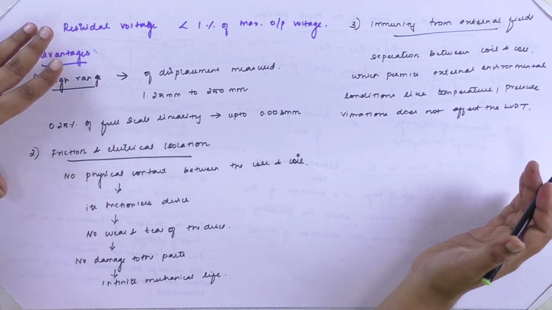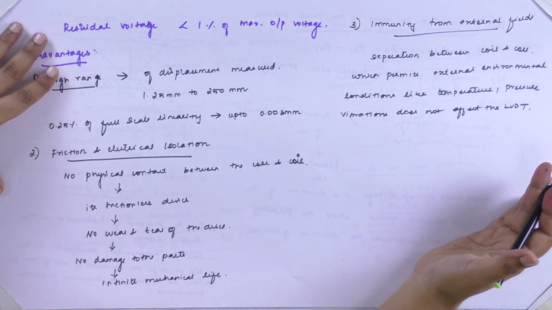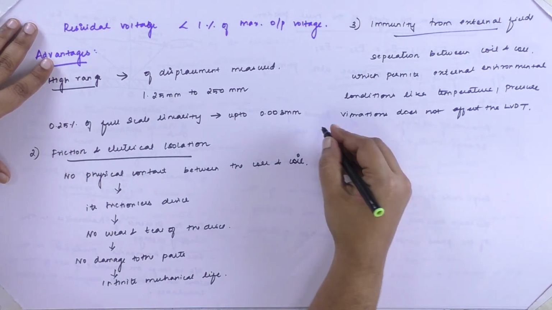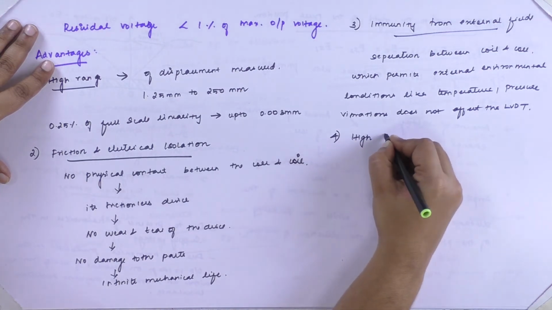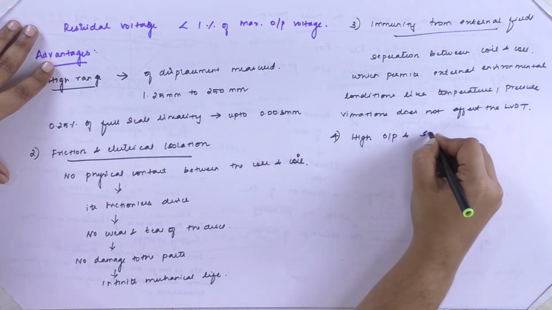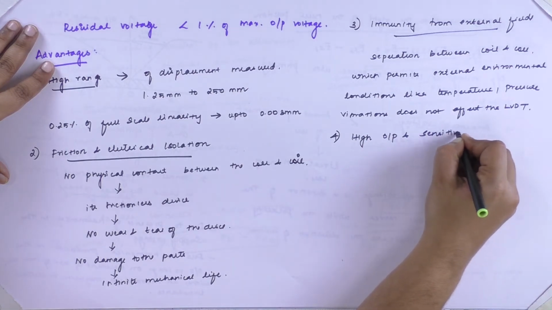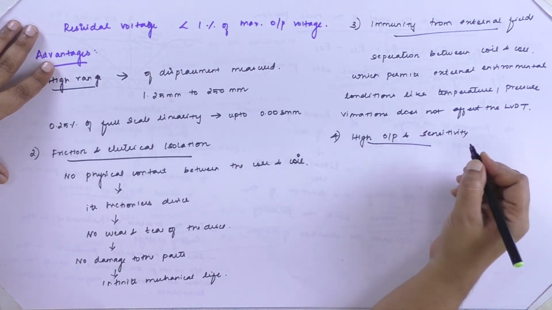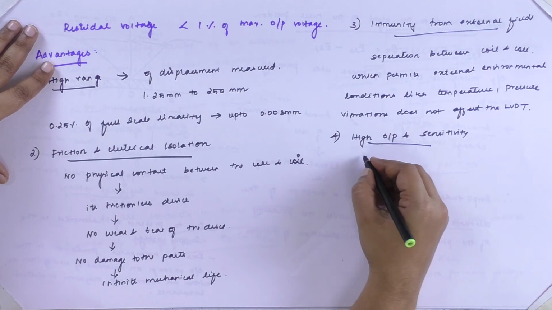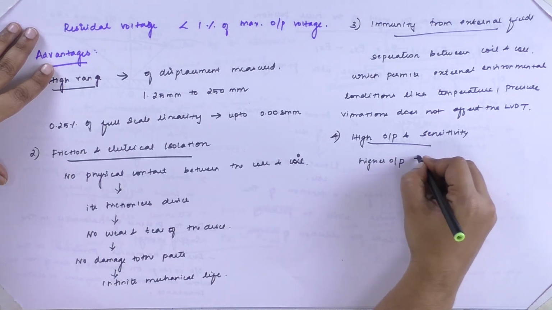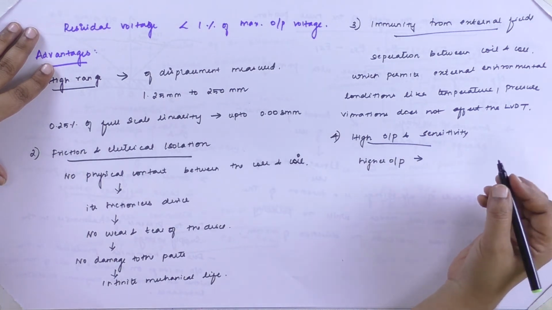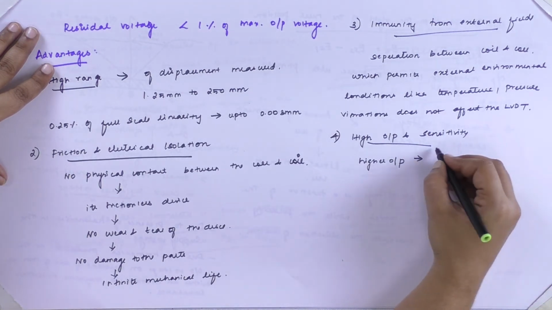Generally LVDT will be sealed in a steel iron box. The fourth one is high output and sensitivity. So the LVDT gives higher output, so it does not require any amplification after output.